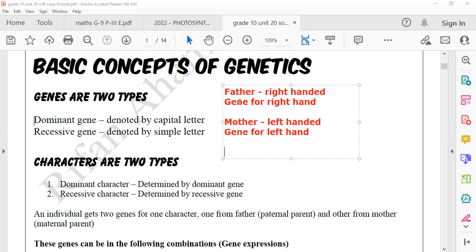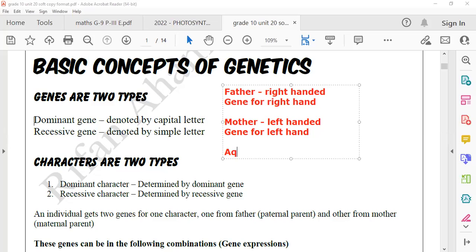If anyone is there, please tell me. Or it can be the other way: mother is right-handed, father is left-handed, you are right-handed. Left-hand parent. Akil Azmi.